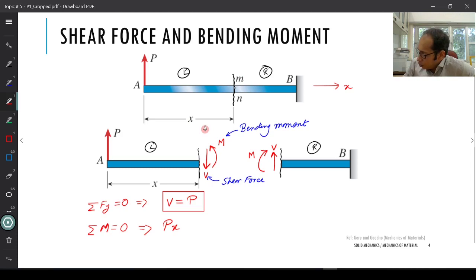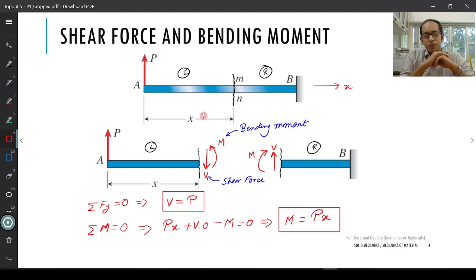So P times X is a clockwise moment, plus V times 0, because I am taking the moment exactly at this particular section, minus M. It depends upon what you are taking as a positive or a negative. So this is the overall equilibrium equation, equal to 0. So this essentially gives me that your bending moment at that particular point is P times X, right?